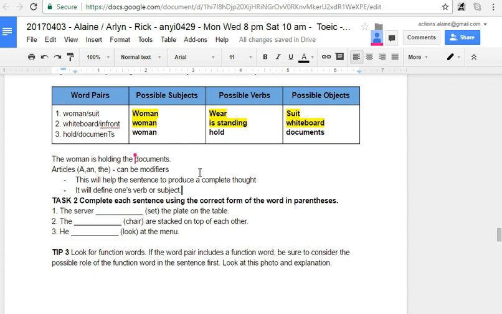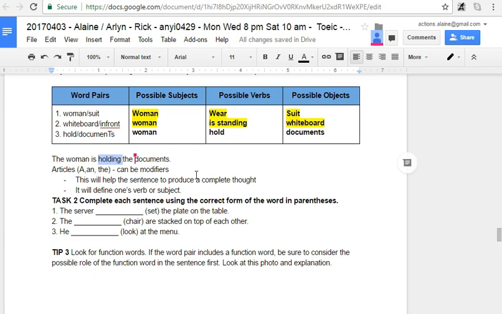In this sentence, the woman is holding documents. It is an incomplete thought because we cannot directly say holding documents without describing what the woman is holding.